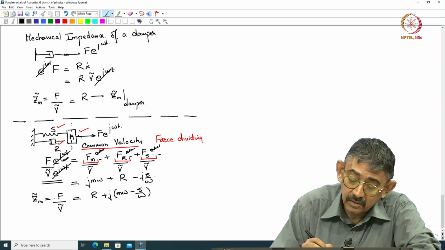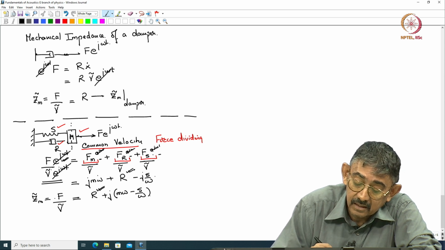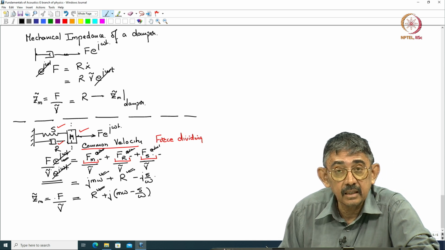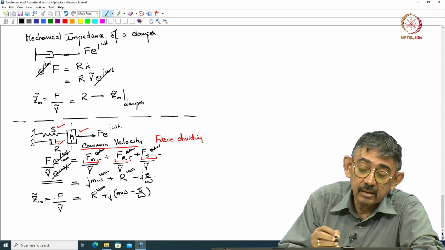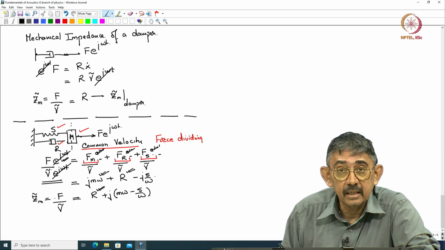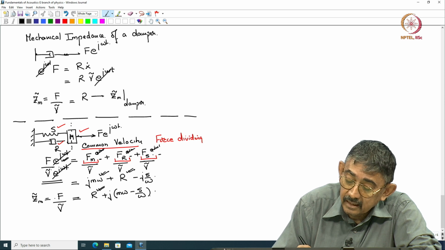So each of the subsystems has kept its own intrinsic mechanical impedance and then has come into combination with others. Because it is a common velocity junction, the forces get summed up, and so you get the combined impedance.